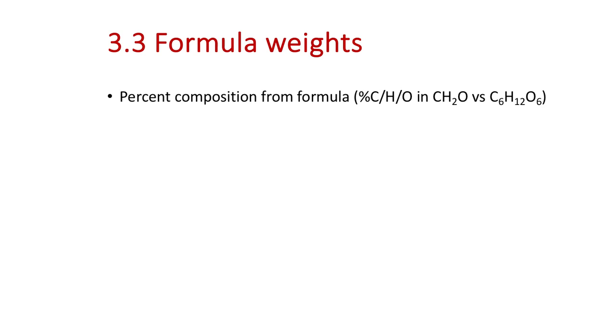We're gonna say, if you know the formula, can you tell me the percent composition? That's actually very easy. The percent composition from a formula of a given atom is just a percent by mass.